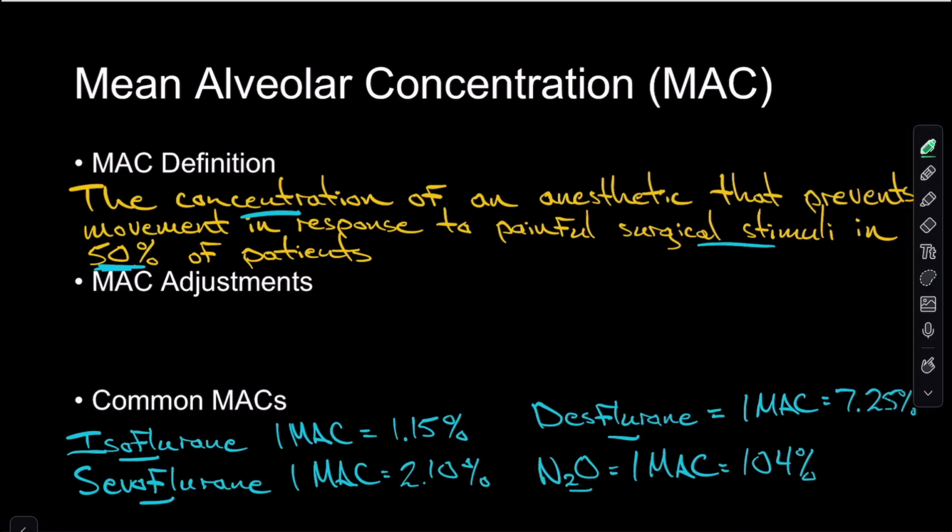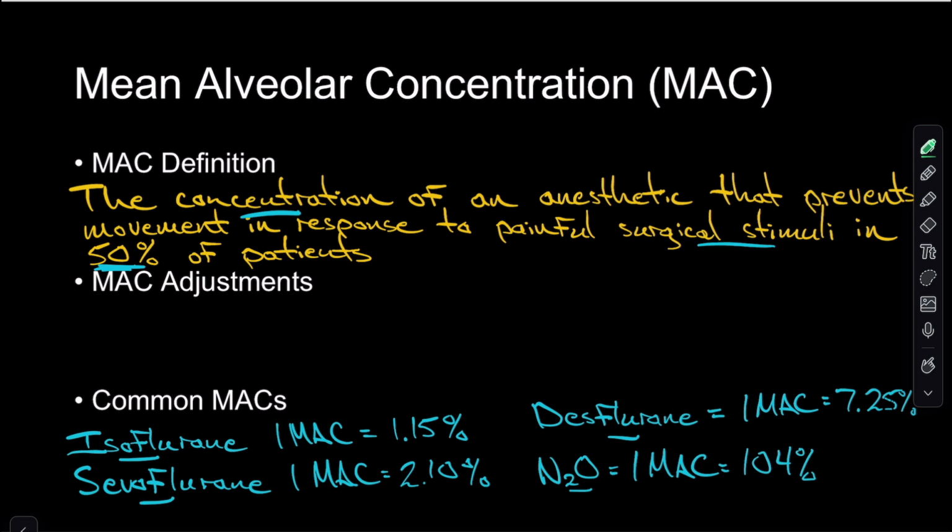The last topic about mean alveolar concentration that I'd like to discuss is some different variables that can affect your MAC value. Generally in the OR, at least in Rapid City and Sioux Falls where I've seen, you'll enter a patient's age, and then the anesthesia machine will calculate what the MAC value for that patient's age is.